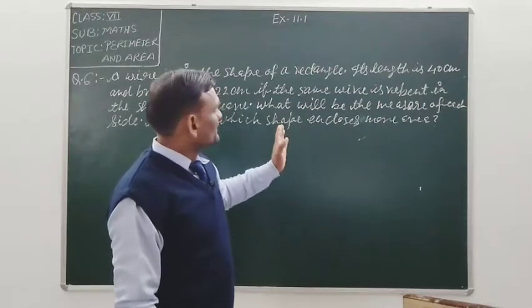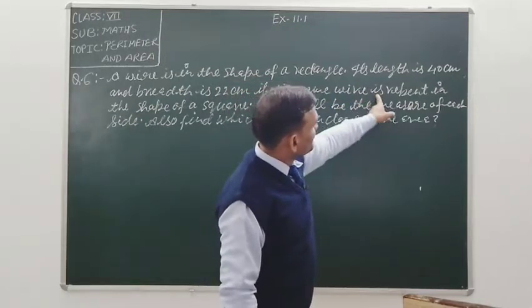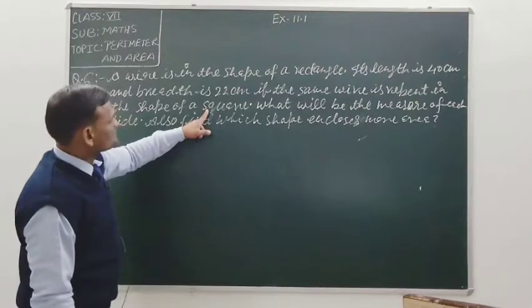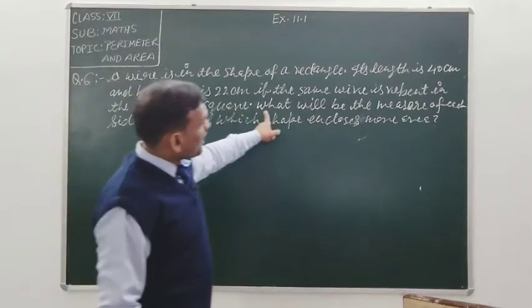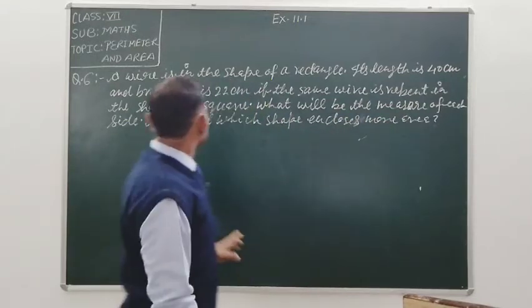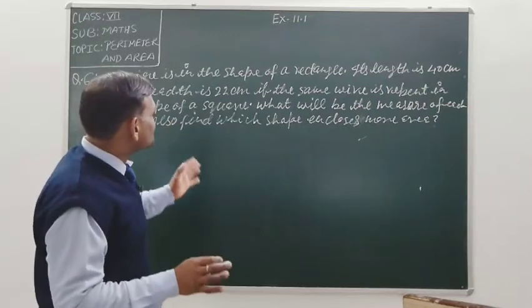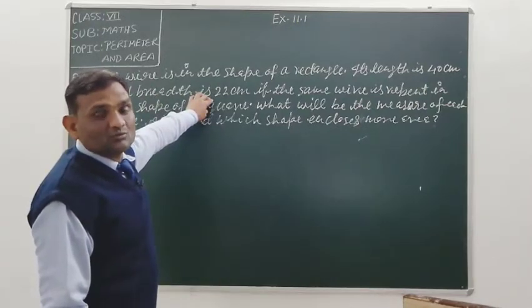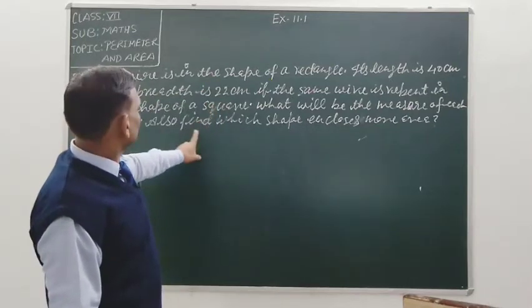By the same wire, we are making the square. The question is asking me, what will be the measure of each side of the square, which you are making by the same wire?